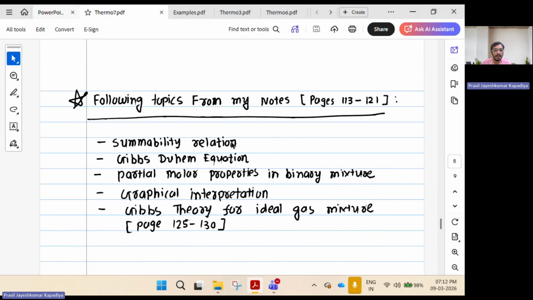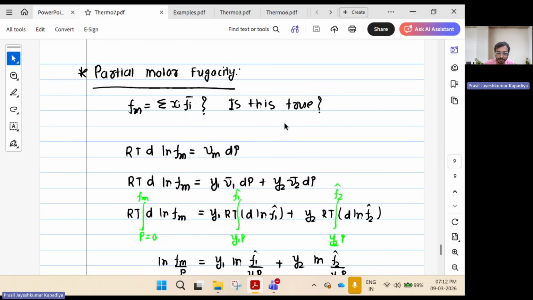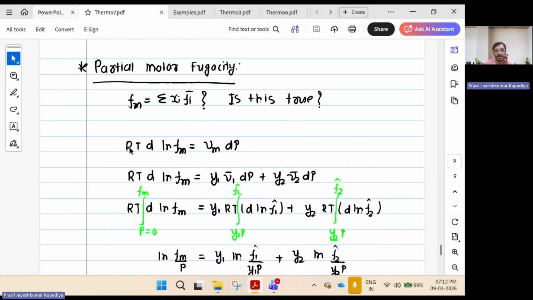We have derived this summability rule that M is equal to summation xi Mi bar. So can I just write this for partial molar fugacity? Can I write that fm is equal to summation xi fi bar or not? So let's try to see that. At constant temperature, we see that RT into d ln fm is equal to Vm dP. This we have already seen.